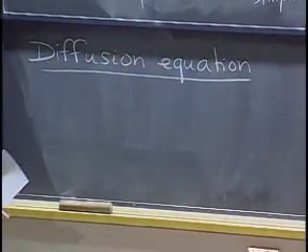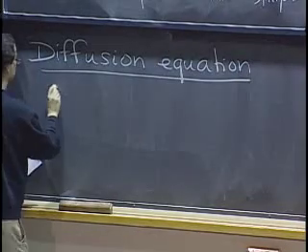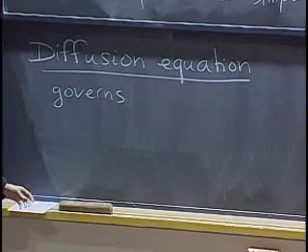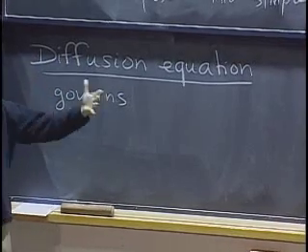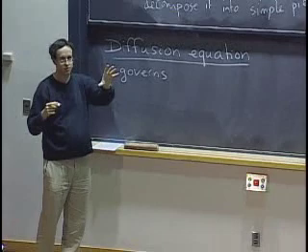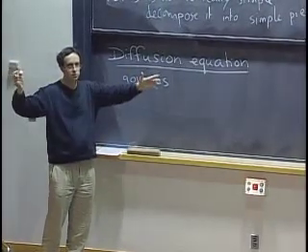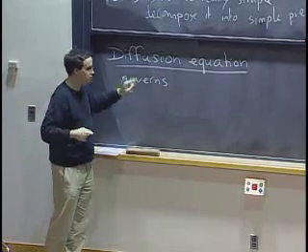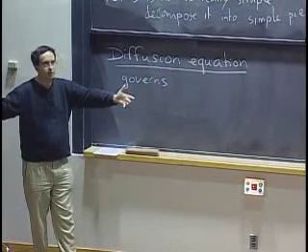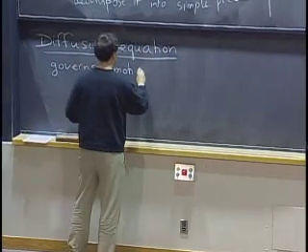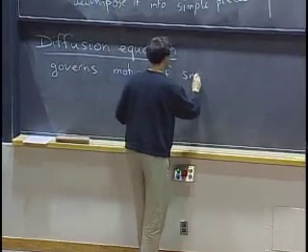So let me explain to you what it does. The diffusion equation is something that governs what's called diffusion. Diffusion is when you have a fluid in which you're introducing some substance and you want to figure out how that thing is going to spread out, the technical term is diffuse, into the ambient fluid. So for example, that governs the motion of, say, smoke in the air.